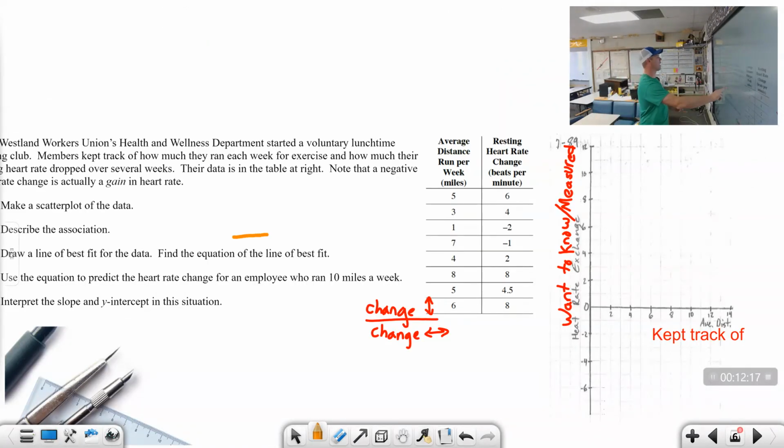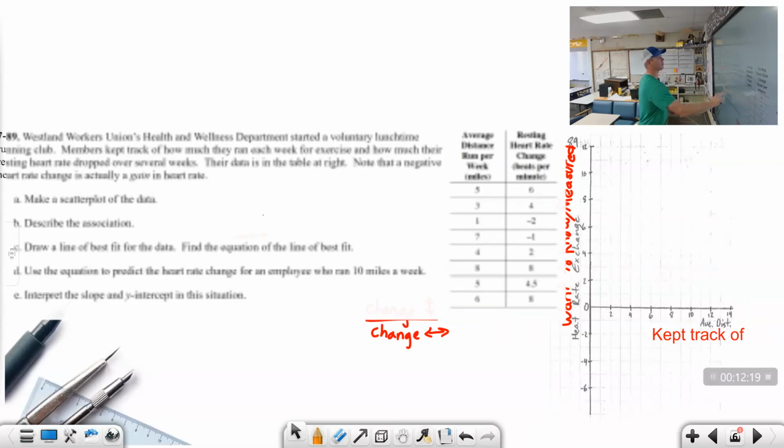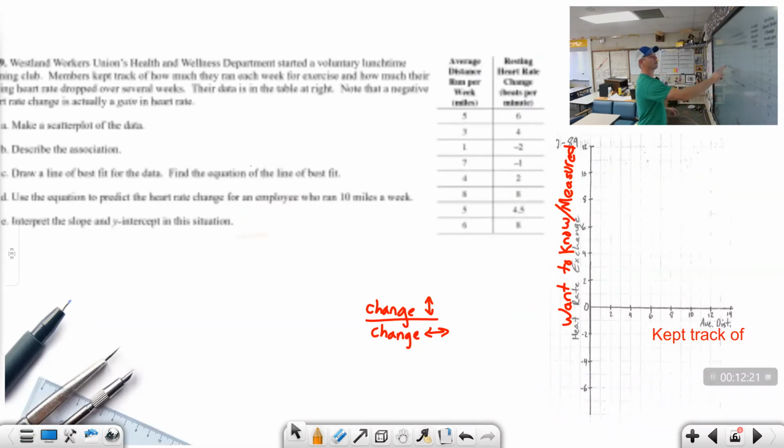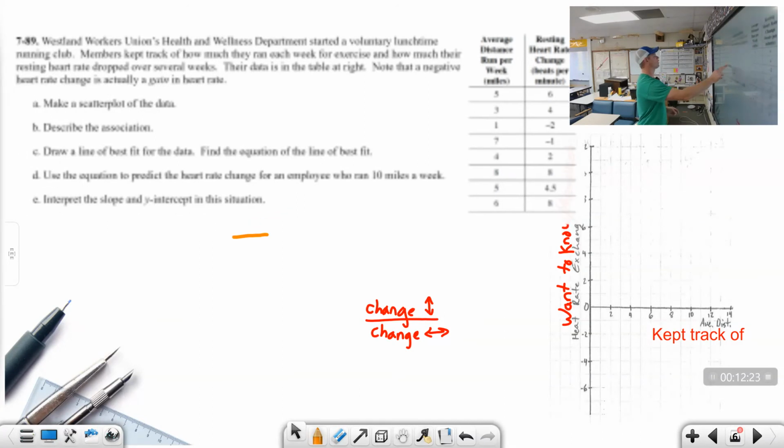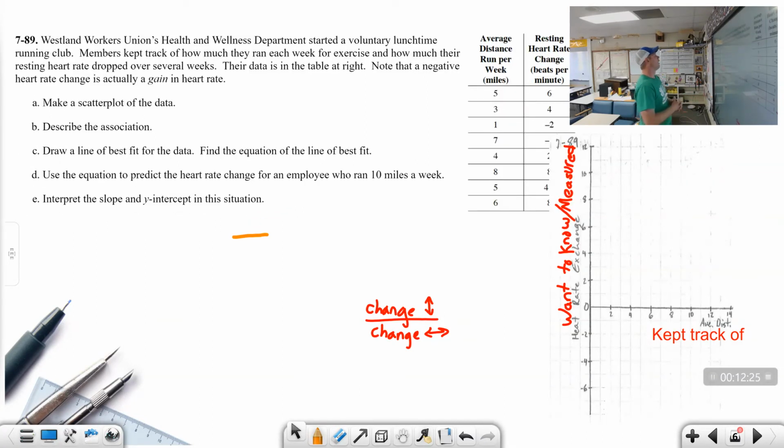Westland Workers Health and Wellness Department started a voluntary lunchtime running club. Members kept track of how much they ran each week for exercise and how much their resting heart rate dropped over several weeks. Their data is in the table at right.